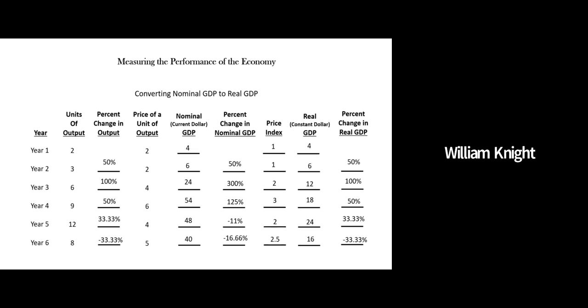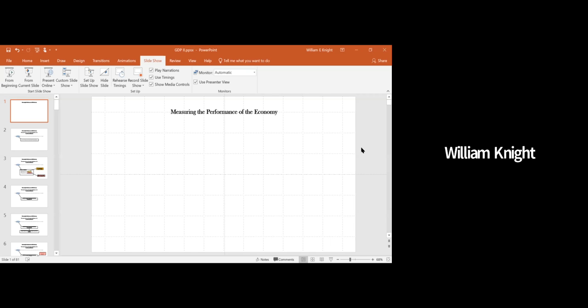So the real GDP is an accurate indicator of what's actually happening in the economy, whereas the nominal GDP is not. There's a percentage change in output. There's a percentage change in real GDP. You see that they are the same. So the real GDP is what's important, not the nominal GDP.